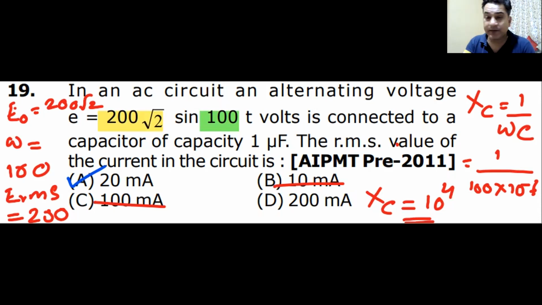To find the value of RMS current, I divide ERMS by XC and I get my answer. Do we understand this? I hope you are able to understand this simple question with a simple answer.